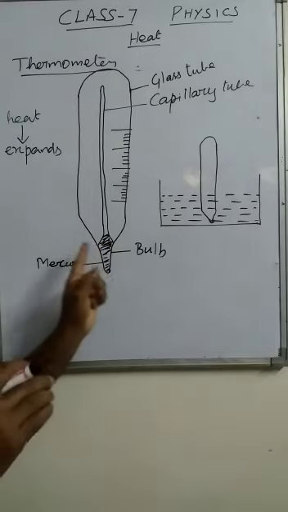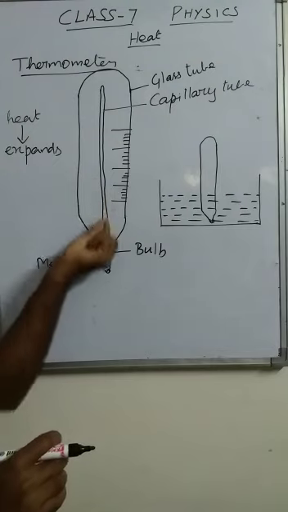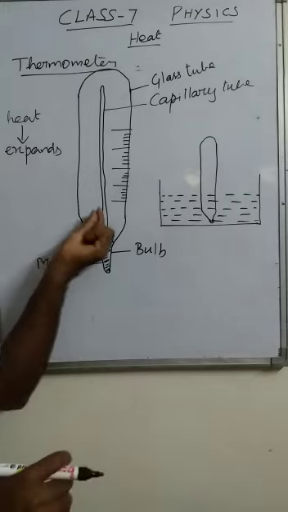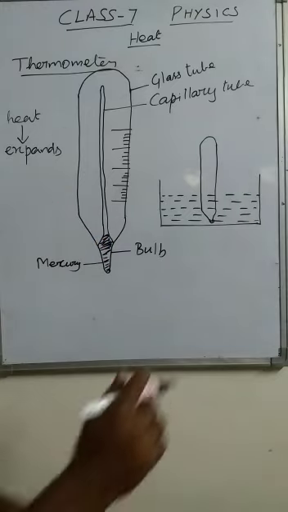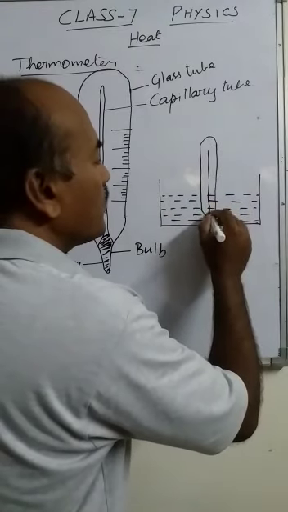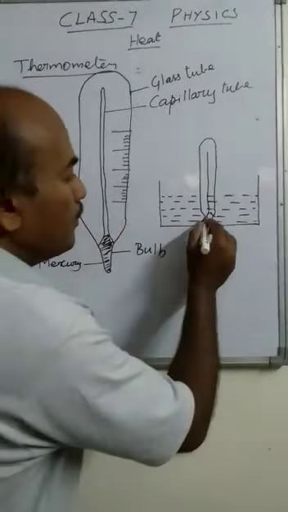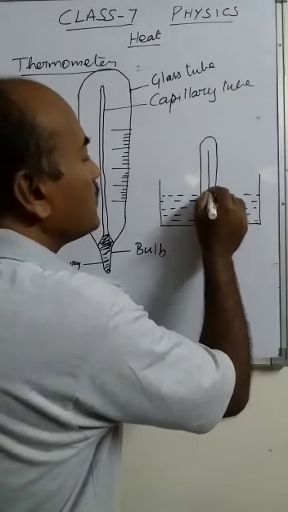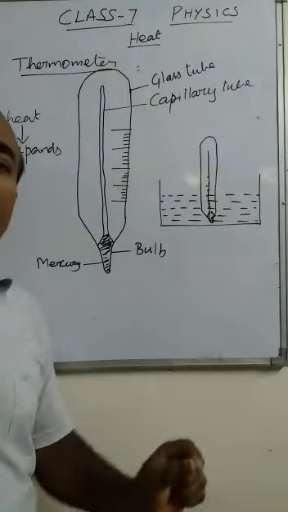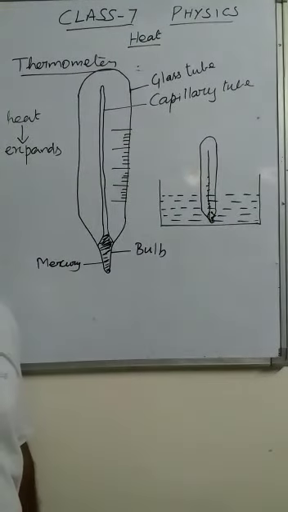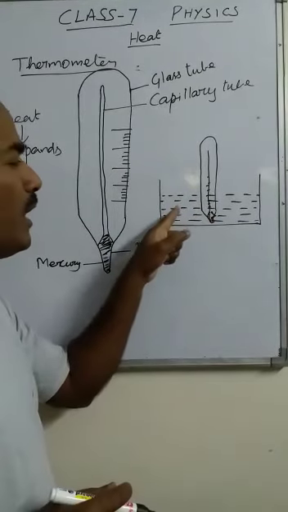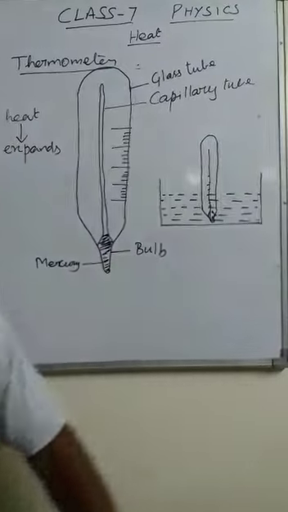Definitely, the space provided is in the capillary tube. So the level of mercury increases in the capillary tube. Let us take this as the capillary tube, and in this the mercury level starts to increase. It increases up to that particular level where the temperature of mercury and temperature of water become equal.